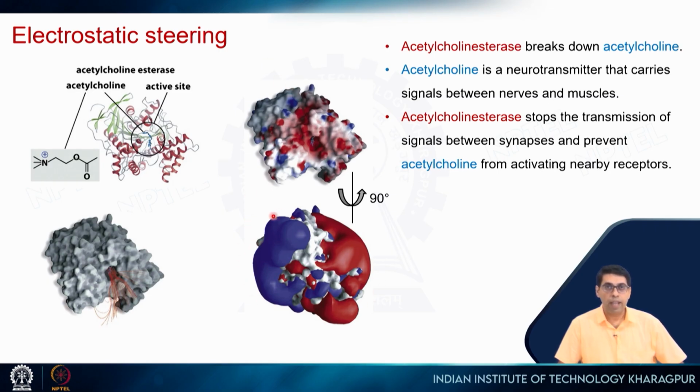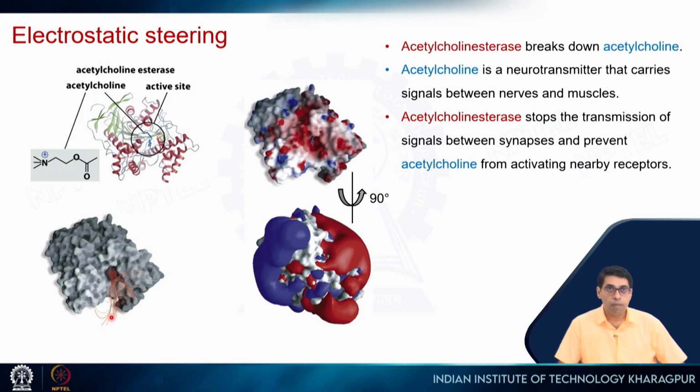The back face, where the active site is not there, the active site is on this side. So, if the molecule comes and binds here, that will be futile binding, and you want to discourage that. So, we have positively charged residues here, and the substrate is also positively charged, so it will repel the molecule out of this region. Any futile interactions are prevented and it will drive the molecule towards this side.